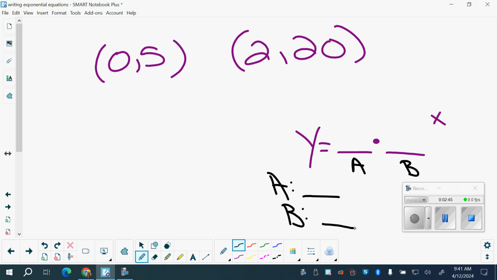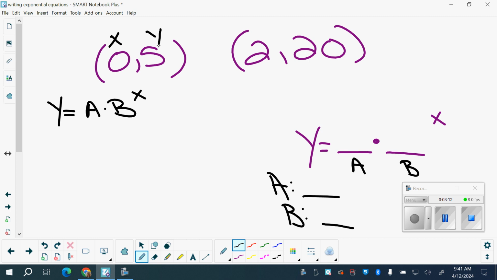So easy. We're going to start off by using this point. It's easy, it's little, it's got a 0. We always start off with a 0 thing because 0 is our friend. So here's what I want you to do with your table mates: rewrite this using this for x and this for y. You will have 2 letters left over, A and B. That's okay.